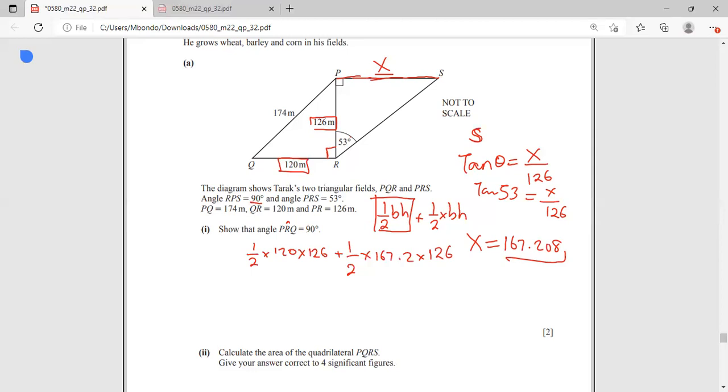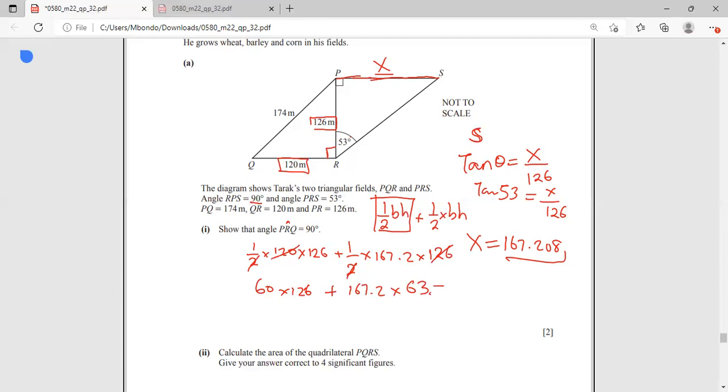So we can say 2 into this one, what do we get? We get 60 multiplied by 126 plus 2 into this one, we have 167.2 multiplied by 63. Okay, so that's what we have. So we're going to say 60 multiplied by 126 plus 167.2 multiplied by 63.